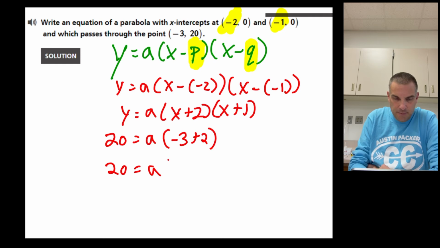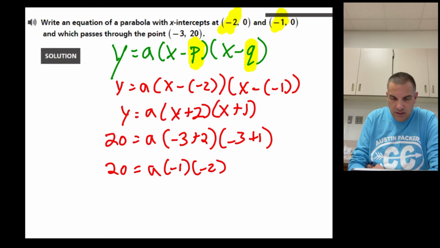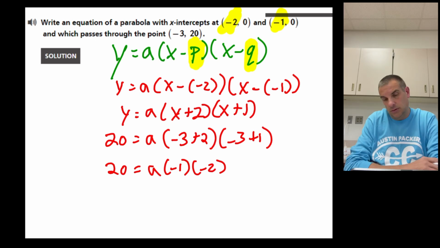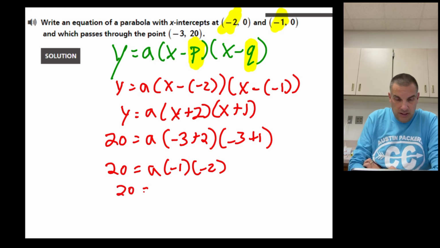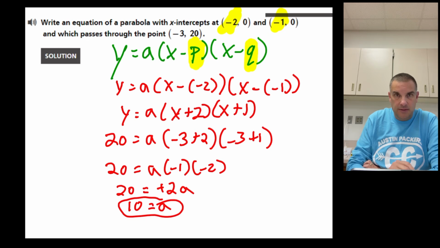Negative 3 plus 2 is just negative 1. And then this is going to be negative 3 plus 1, which is negative 2. So this gives us 20 is equal to positive 2a. Divide both sides by 2, and you get our a value is equal to 10.